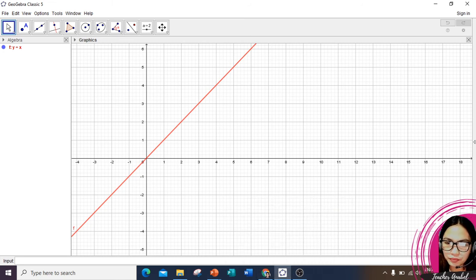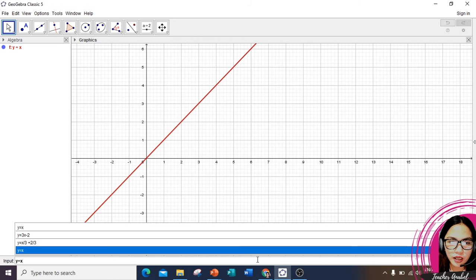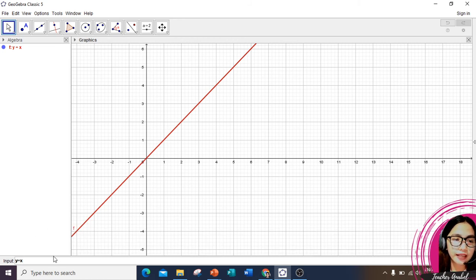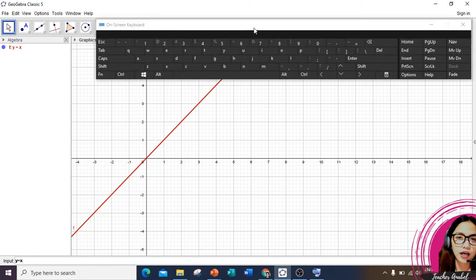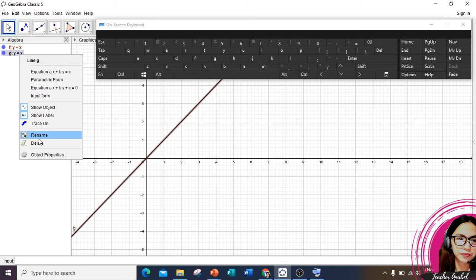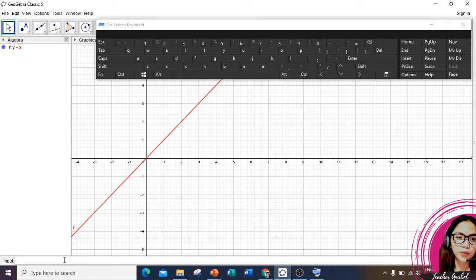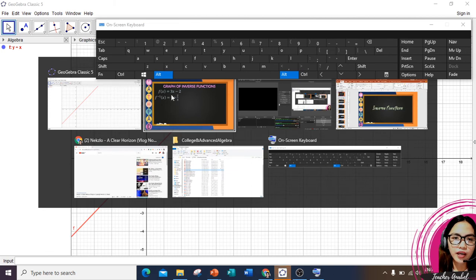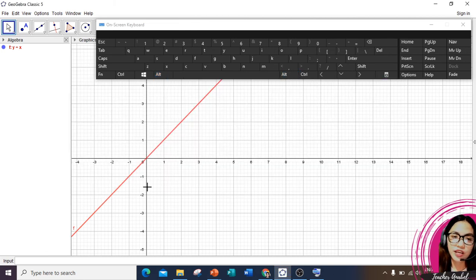So, okay. So, ang una natin ginawa again, in-graph natin yung y is equal to x, right? Sorry. Good siya. Okay. And then, we're going to graph the function which is y is equal to 3x minus 2.